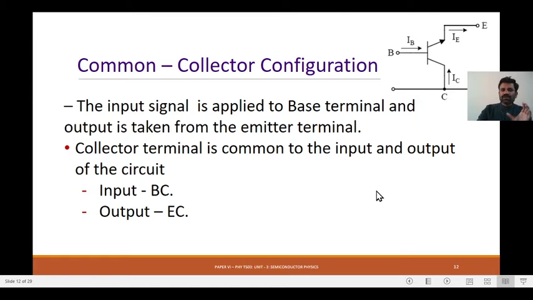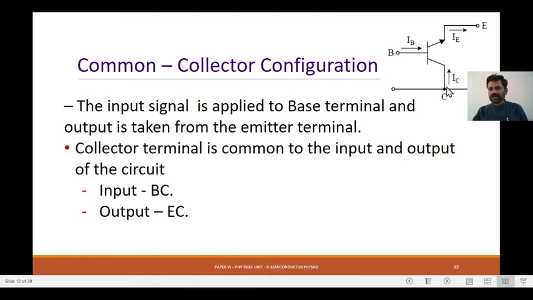So, what are some of the features of a particular configuration? Coming to the common collector configuration, the input signal is applied to the base. So here you are giving an input signal across the base terminal, and the output signal is taken across the emitter terminal.